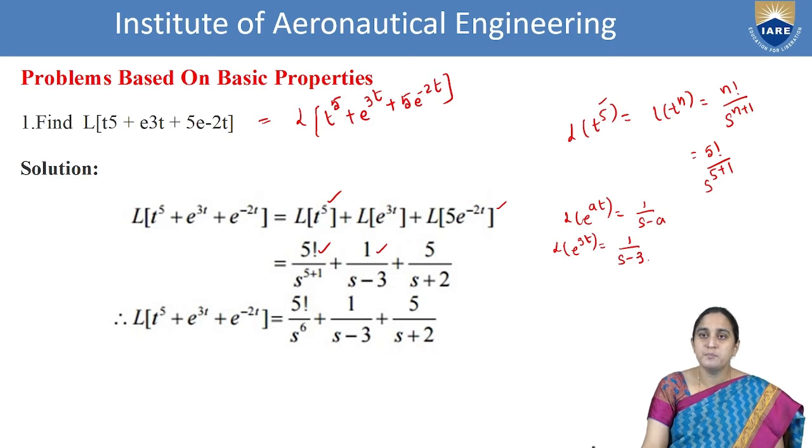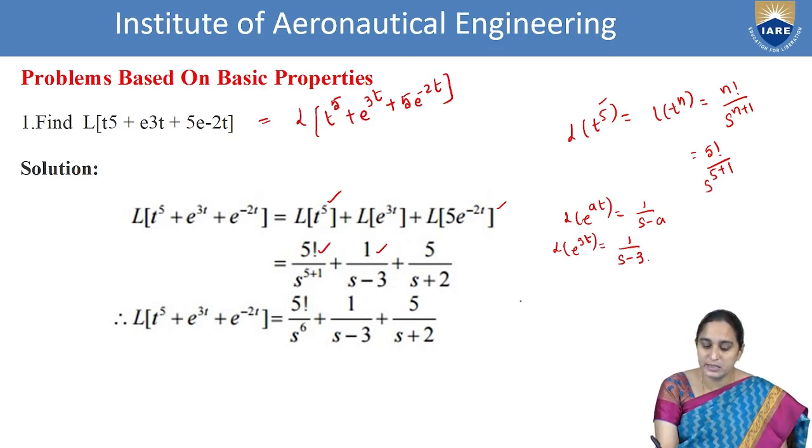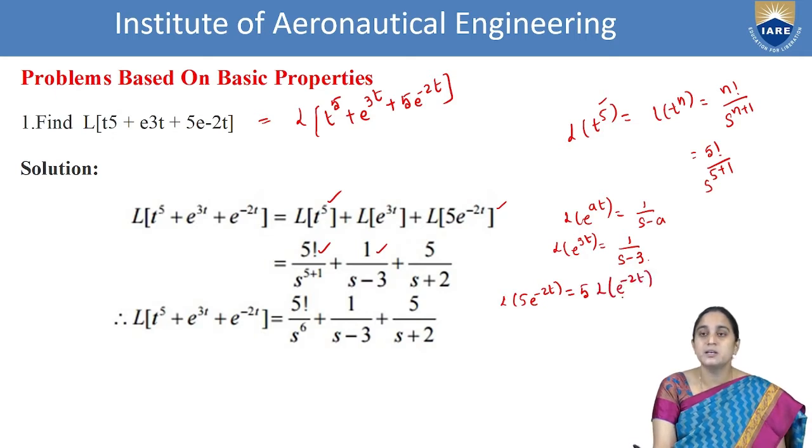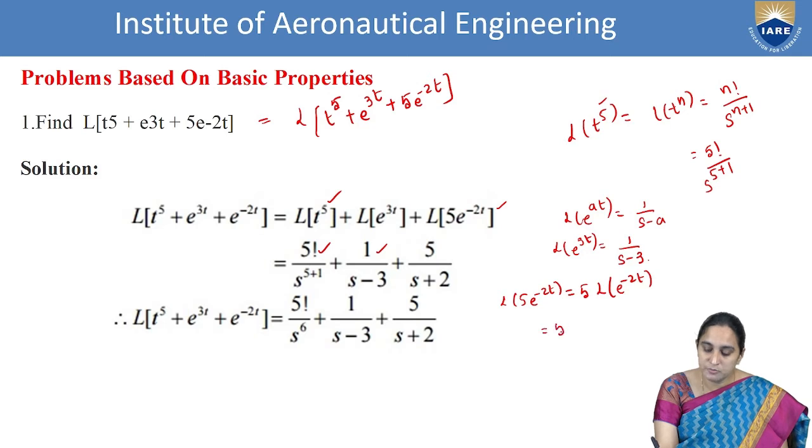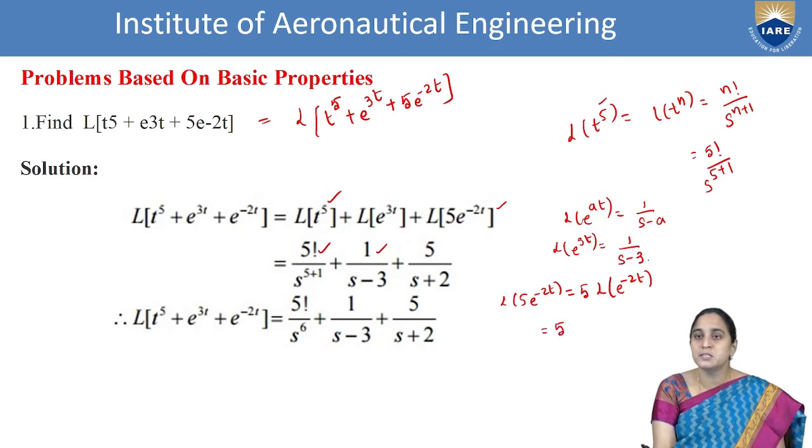And the other part here, Laplace of 5 into e power minus 2t. I'll write that as Laplace of 5 into e power minus 2t. I'll take 5 outside and Laplace of e power minus 2t. What about the formula of Laplace of e power minus 2t?